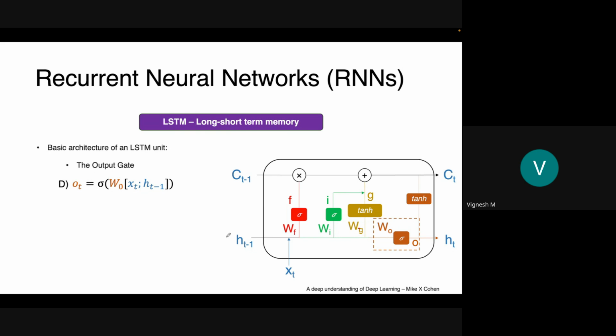Now what this output gate is doing is, again, combining your current input and your previous hidden state, and then weighting it. And this time, this O of t is an intermediate output after this, right? Now, how this O of t is influencing H of t, we'll look at in the next slide, because you can see this information that's coming to H of t from C of t.